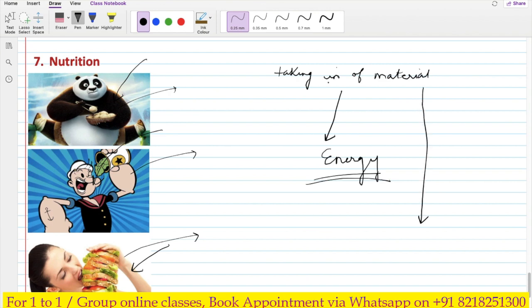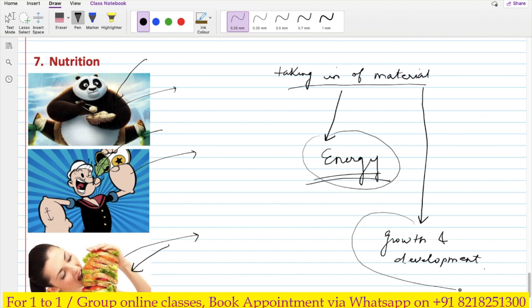I'm just saying taking in of food so that energy can be produced, and with the help of the food that we have taken, we can show growth and development. That is the definition of nutrition. Taking in material so that energy can be produced and growth and development can happen.